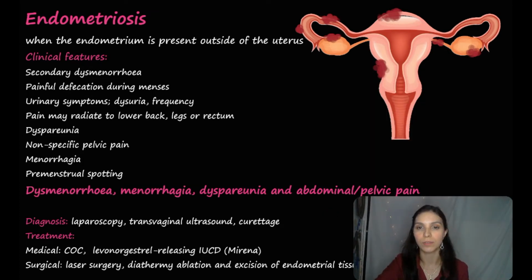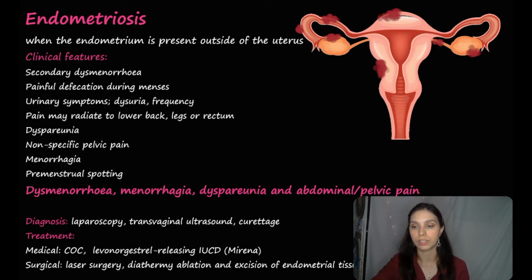The gold standard for diagnosis is direct visual inspection at laparoscopy. You can use transvaginal ultrasound, which may identify ovarian endometrioma or rectal endometriosis, and curettage shows small sensory nerve fibers in the endometrium. If you use medical treatment, you don't actually treat the condition; it just relieves symptoms.